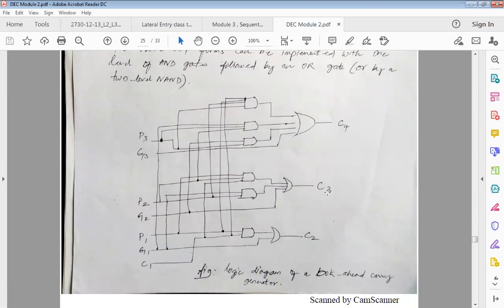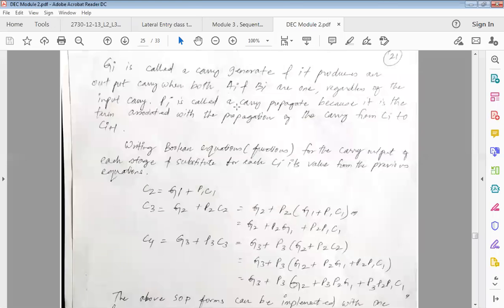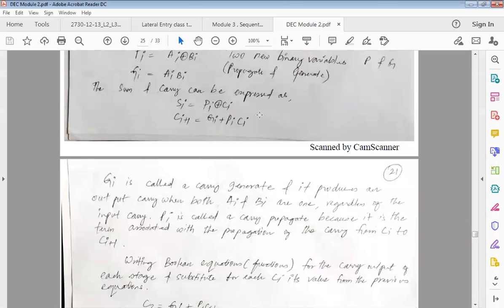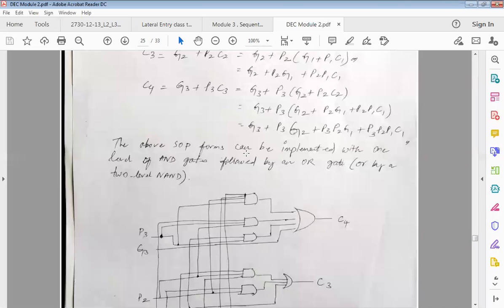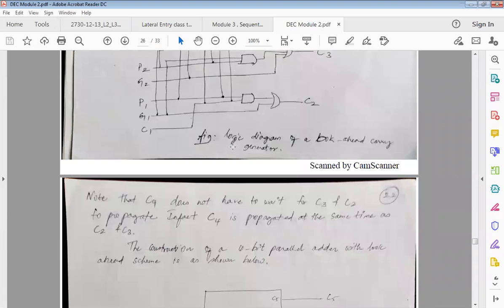C4 doesn't have to depend on C3, C3 doesn't have to depend on C2, but all these are dependent on C1. C1 is already known to us. So using C1, we have built a relationship, and that relationship is done with the help of this equation, right? So hence it is called look ahead carry generator.